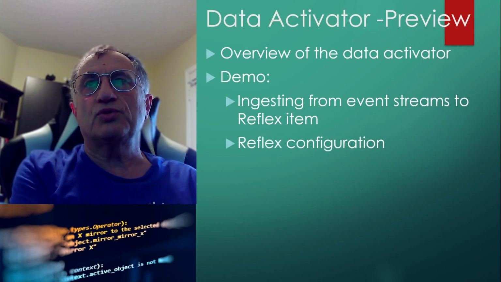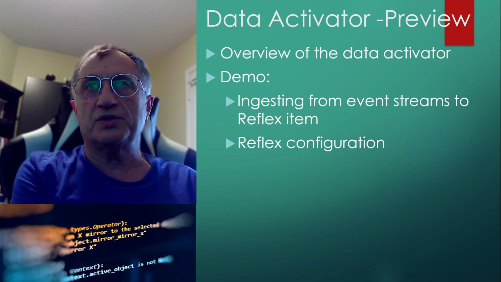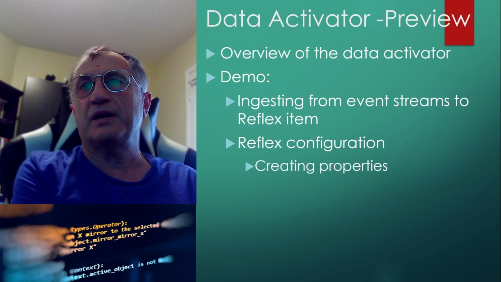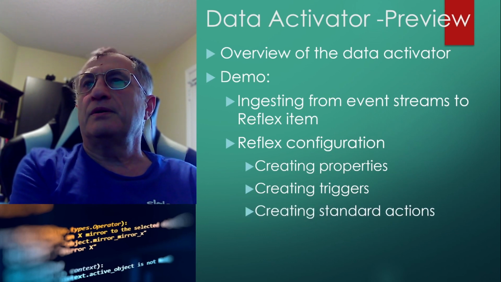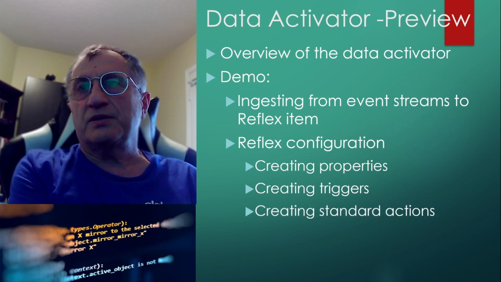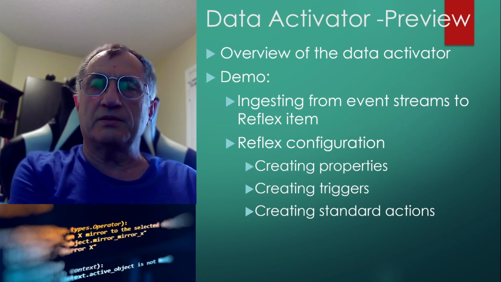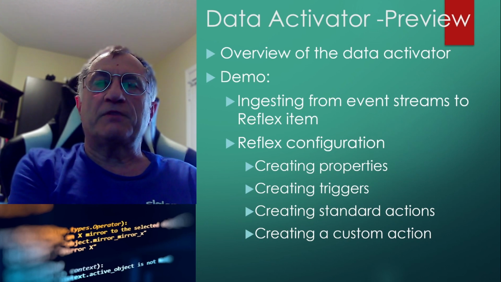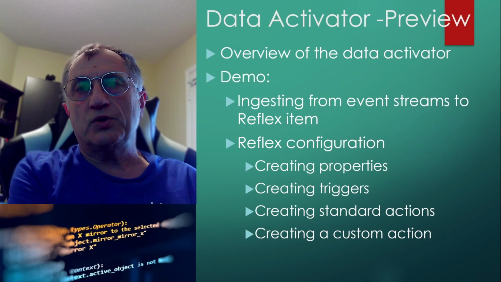Then we'll move to Reflex item and continue configurations there. So we'll configure main components like properties, triggers, standard actions, which involve sending notifications like email, Teams notifications. We'll also take a look at a custom action feature, which allows you to create Power Automate flows.